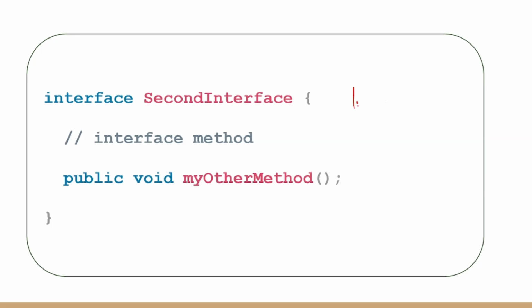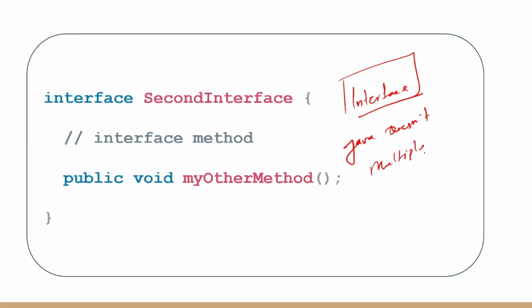Now there was one more reason for creating interfaces. Suppose people had not given interfaces: by definition Java does not support multiple inheritance.